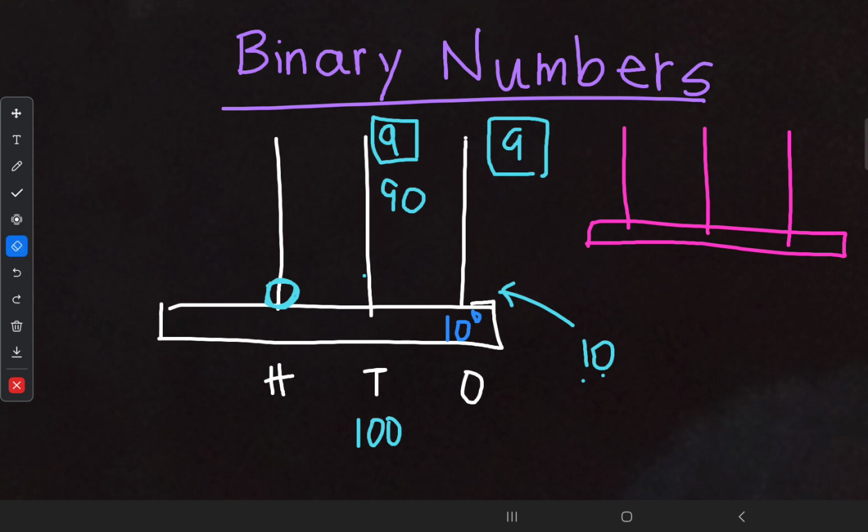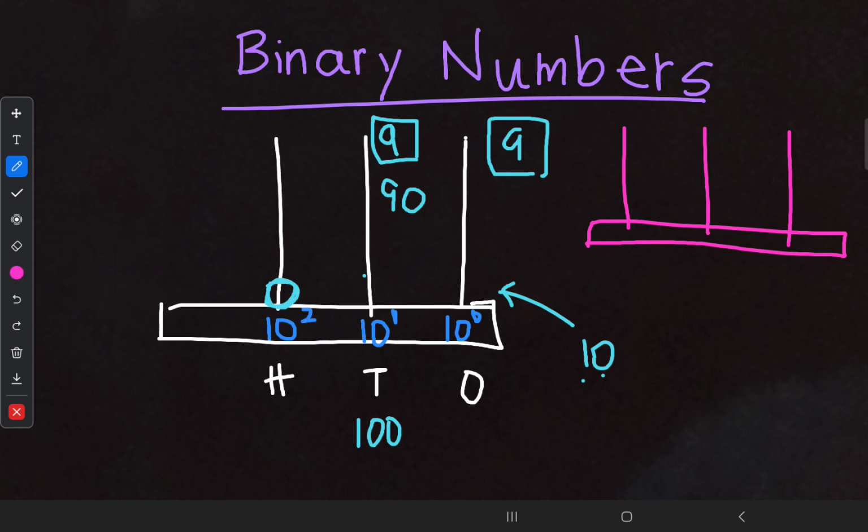Not only for 10, for any number, when you denote the power as 0, it would be 1. So this is the tens place value, 10 to the power of 1. Here 10 to the power of 2.